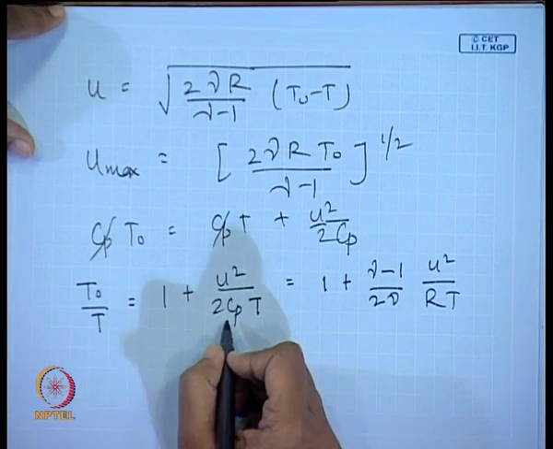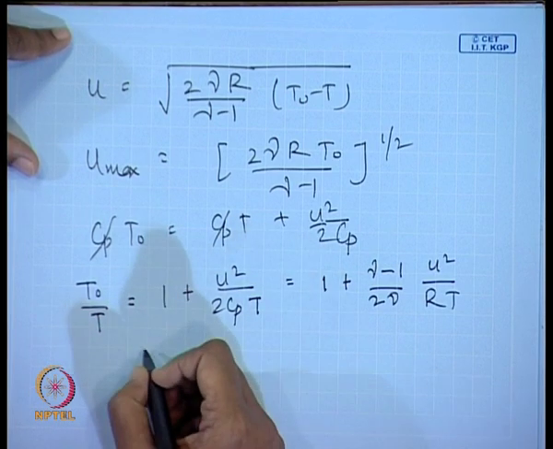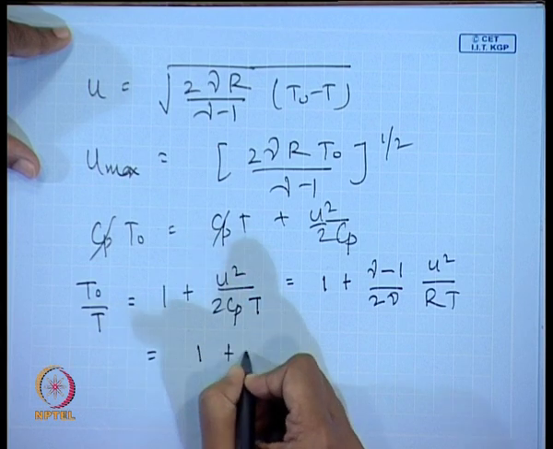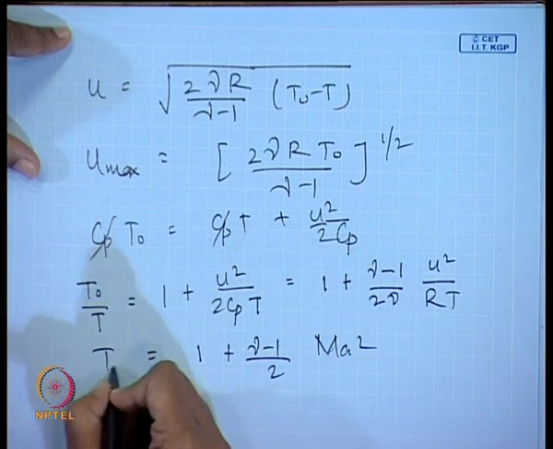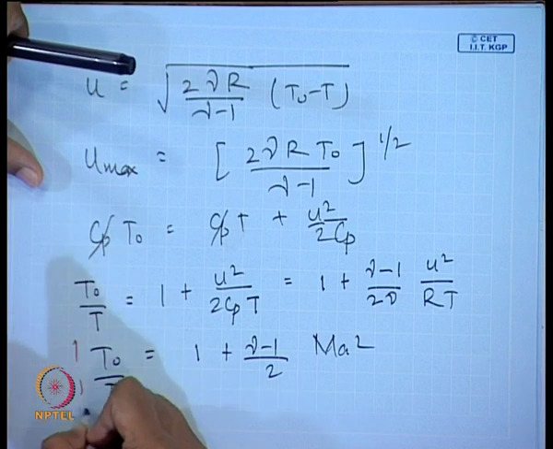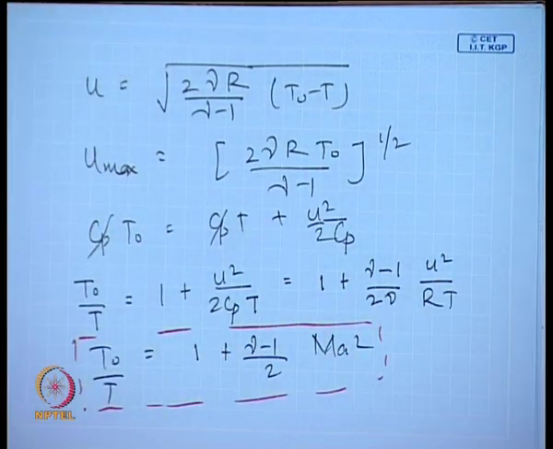We have just substituted Cp, we have not done anything else. This can be written as 1 plus (gamma minus 1) by 2 Ma square. Can we write this equation? Yes or no, you tell me. We can write it.